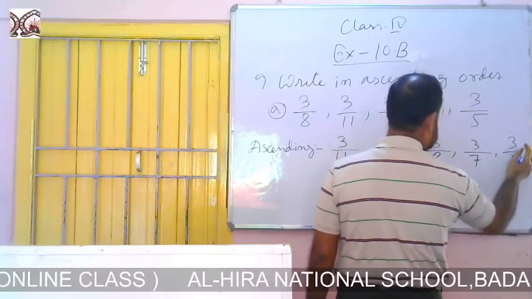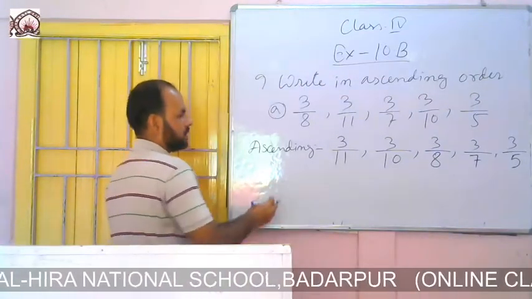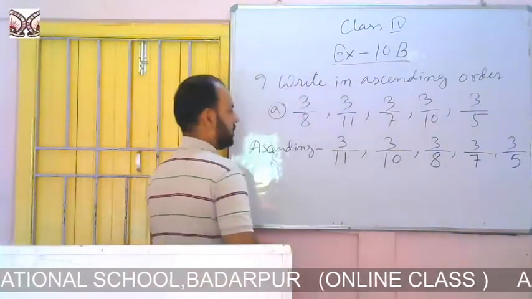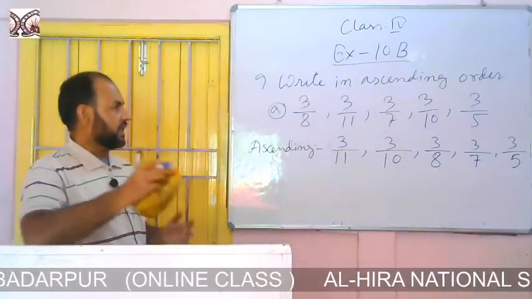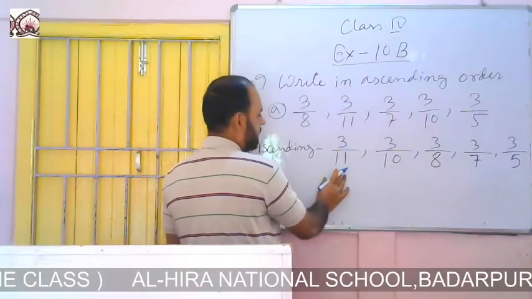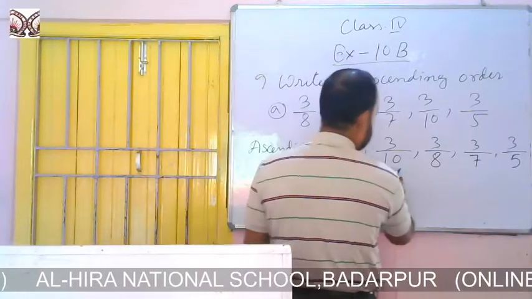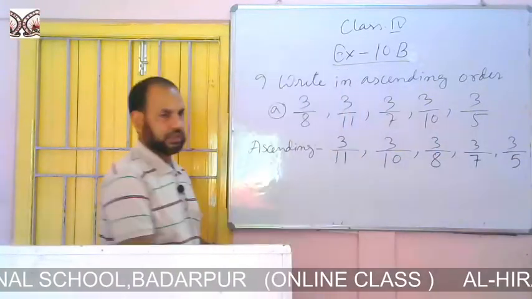So 3 by 5 is the greatest fraction. Arranged in ascending order: 3 by 11, 3 by 10, 3 by 8, 3 by 7, 3 by 5.